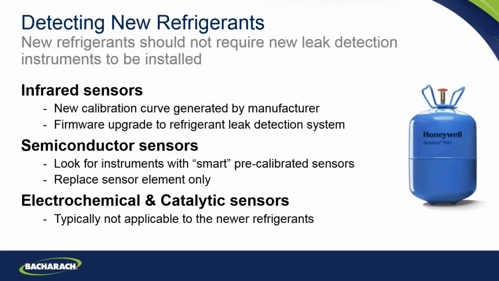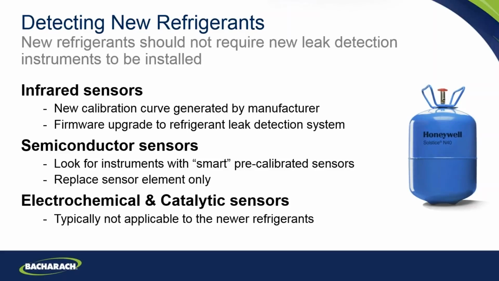One question that we're often asked at this juncture in the refrigeration industry, as many new gases are coming to market, is how do people go about detecting the newer refrigerants that are coming onto the market, things such as R448A and R449A, which are essentially being used as drop-in replacements for some of the older gases.